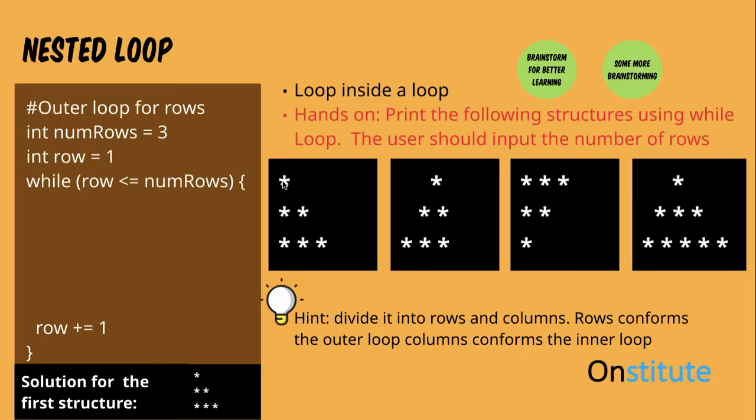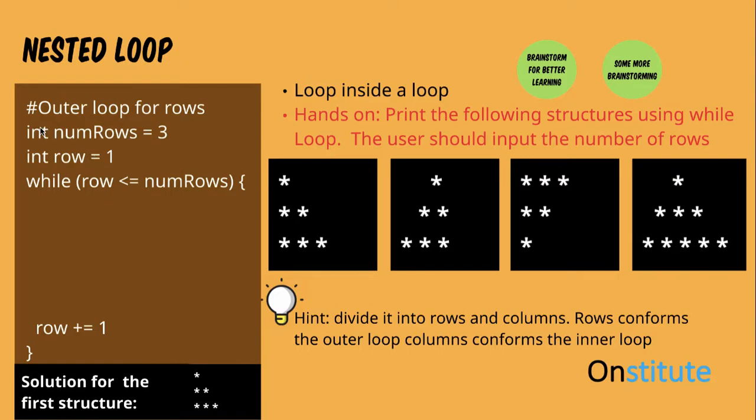And the other part is its columns. Its columns are increasing from 1 to 2 to 3 like this. So if you want to print out this triangular structure, you need to use two different loops, one controlling the row of it and another controlling the column of it.